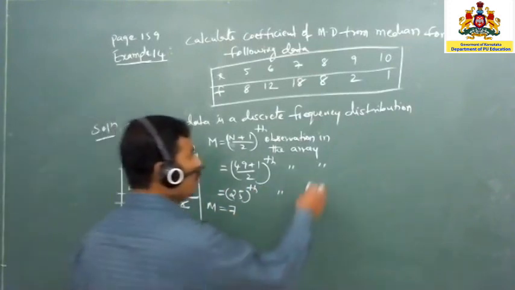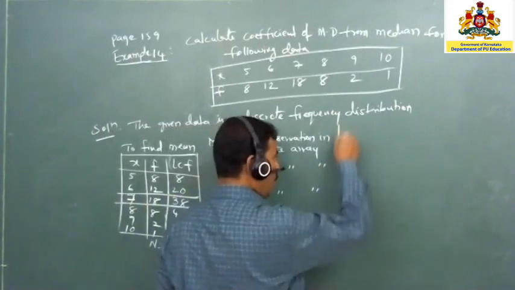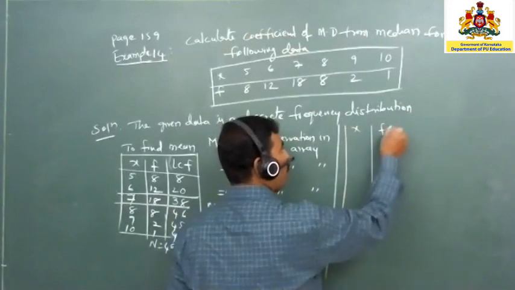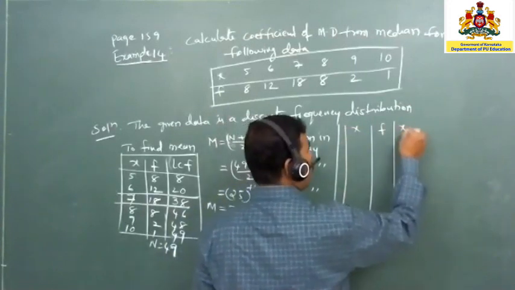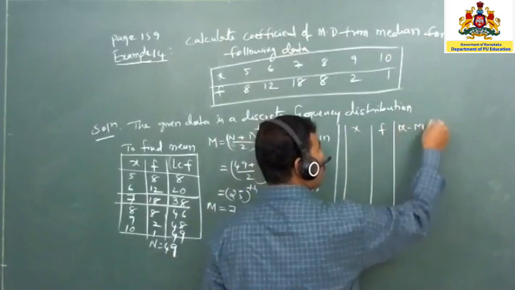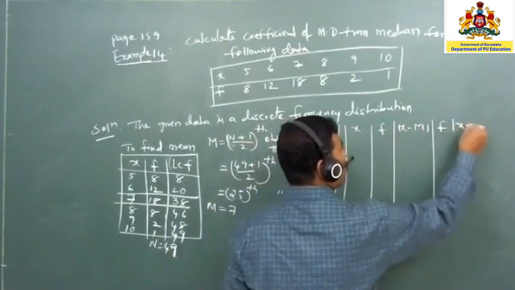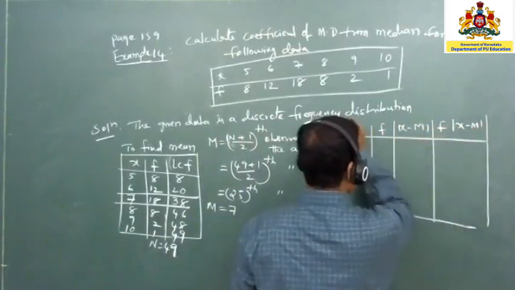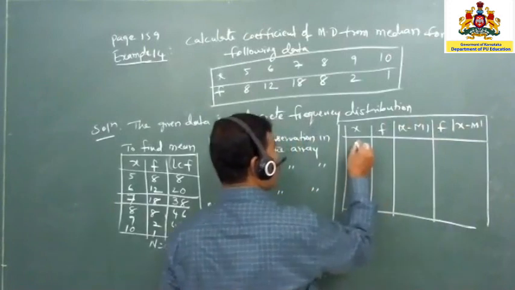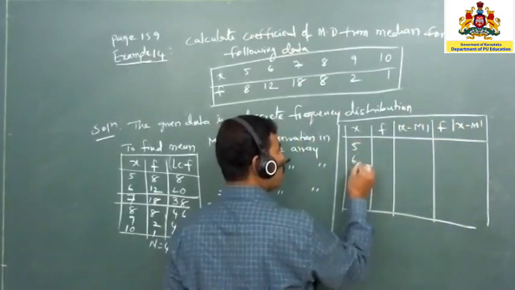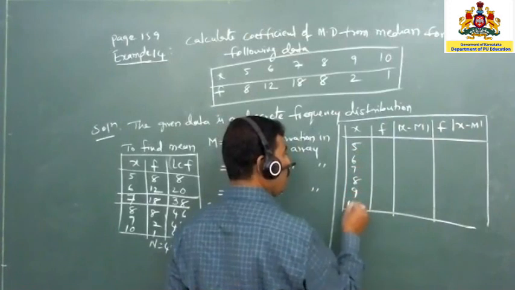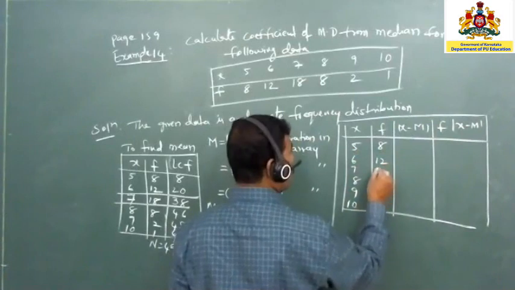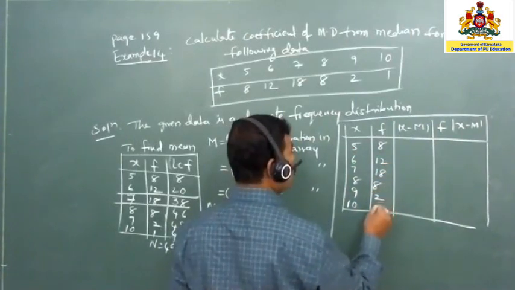Now, another table for calculation of mean deviation: X, F, then modulus of X minus M, and F into modulus of X minus M. X values 5, 6, 7, 8, 9, 10. F values 8, 12, 18, 8, 2, 1.